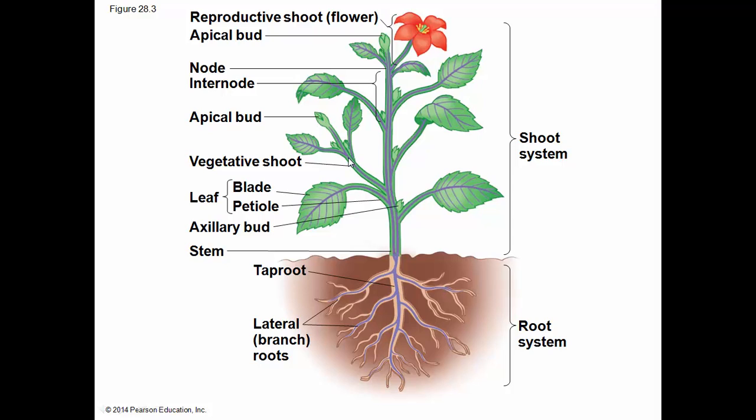And here's the vegetative shoot, which is a stem, or will become a stem or a branch if the plant grows into a tree. Here is the leaf of the plant, which includes the blade, which is the large flat part of the leaf, and the petiole, which is the stem that attaches to the main stem or the trunk of the plant.